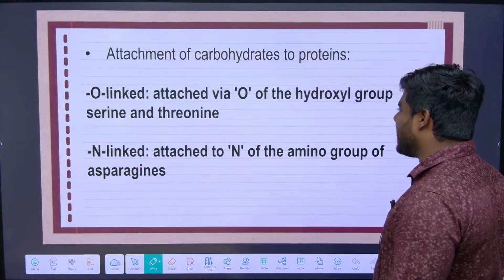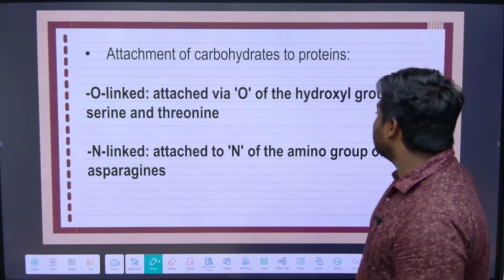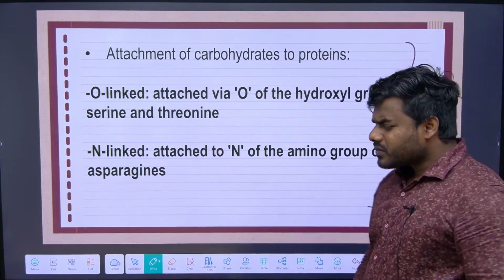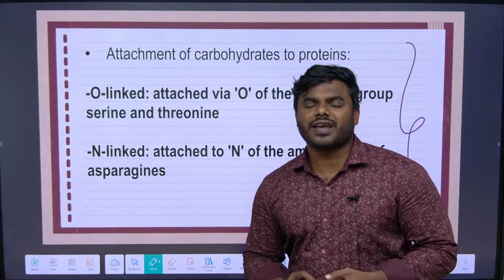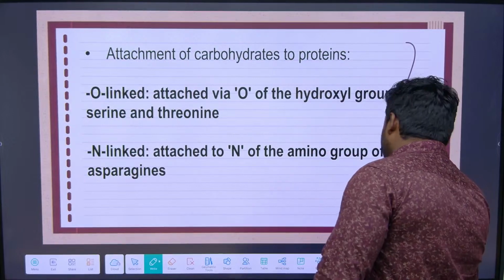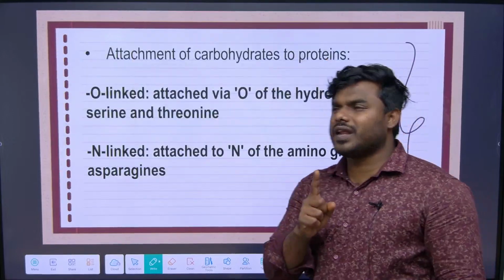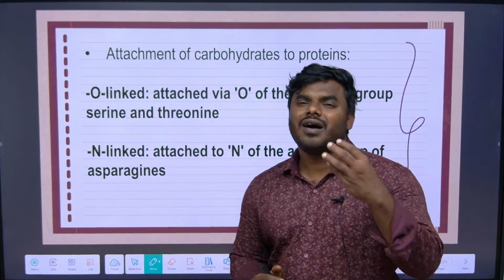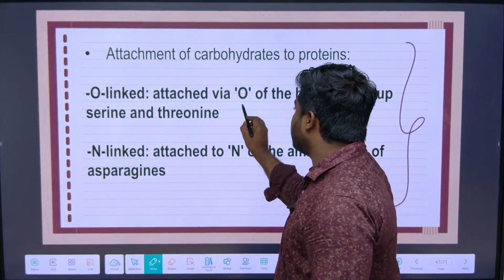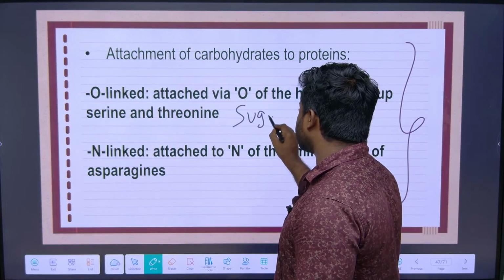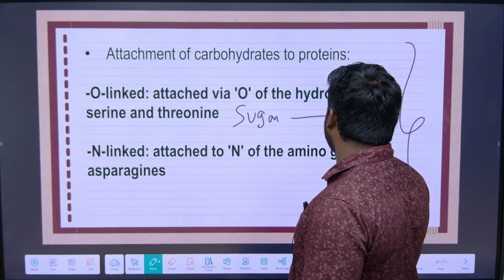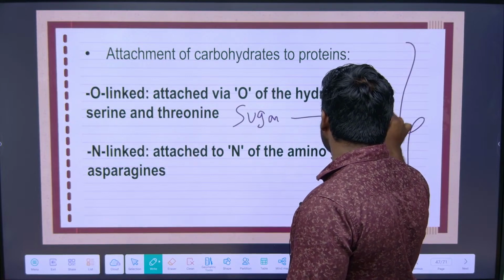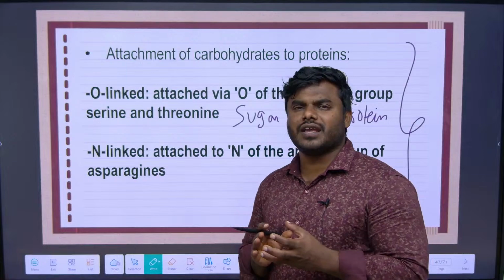Now let's understand it elaborately. This is also a question you can get in the exam, 90% likely. Very simple and very important question, I want you to observe. This is a sugar, this is a protein. Everyone understand the point very correctly.